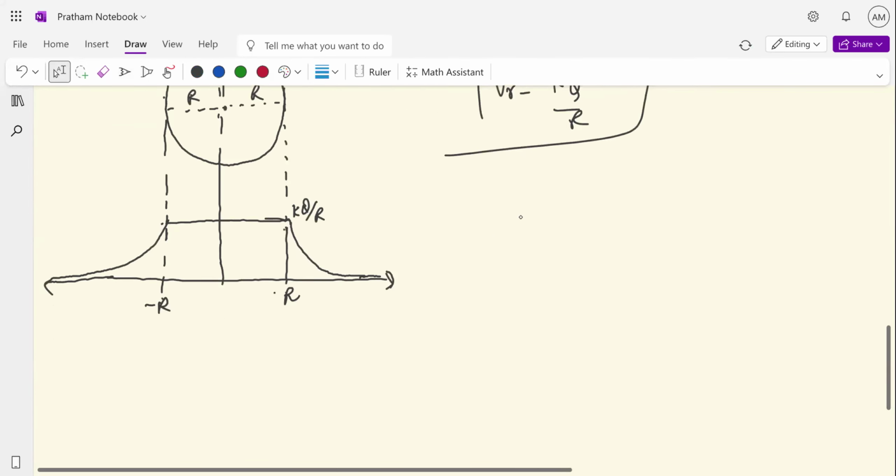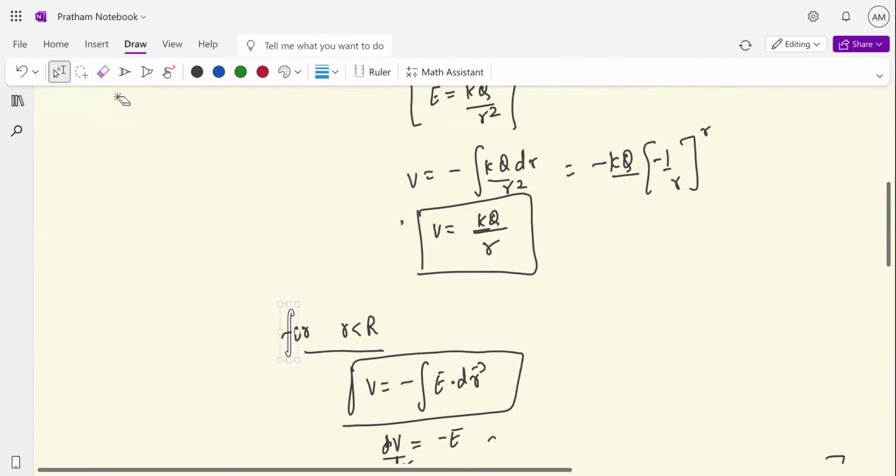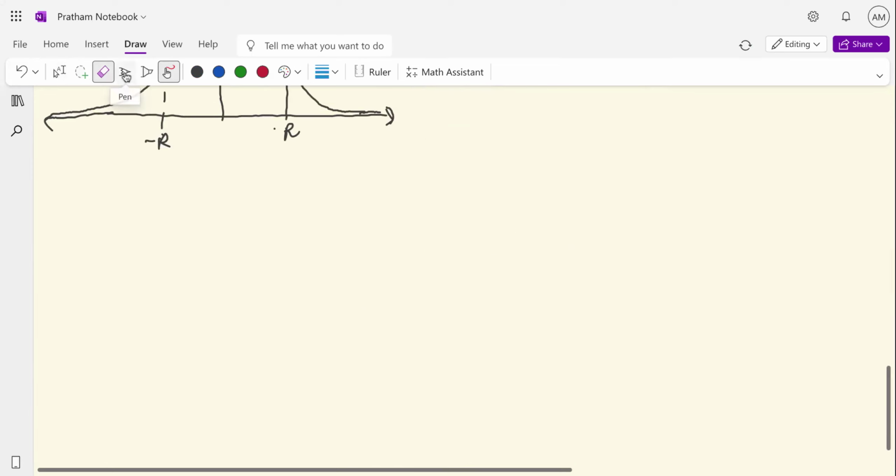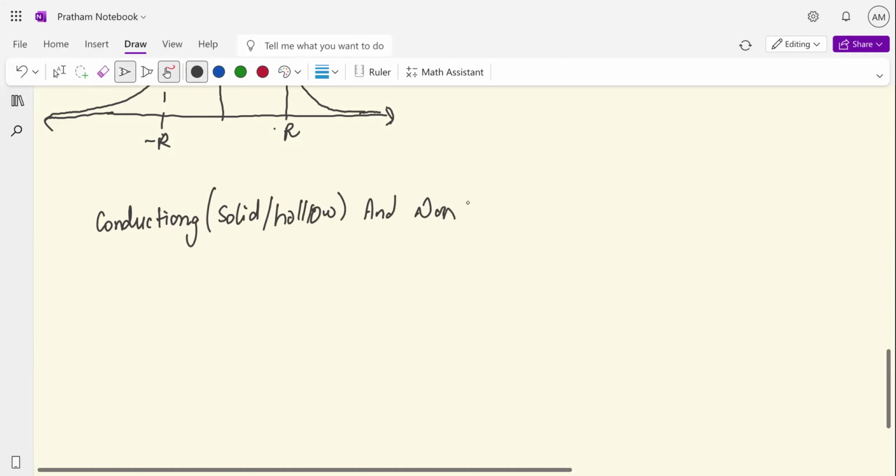If you see carefully, there are three cases, whatever we are studying, whether it's electric field or potential: conducting solid or hollow, and non-conducting hollow.